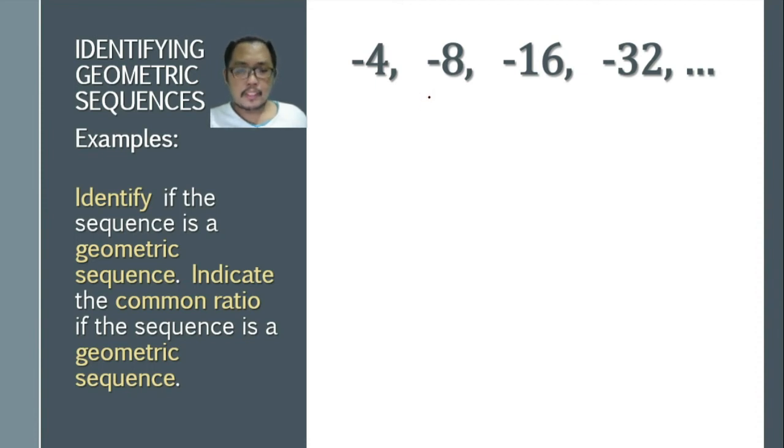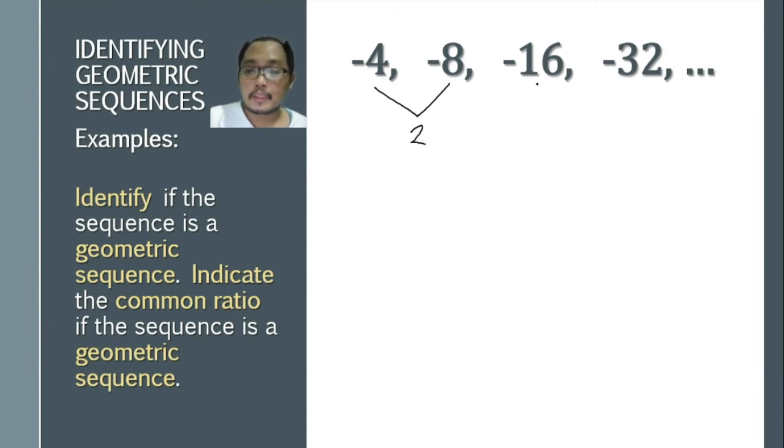So the common ratio is the number being multiplied to the preceding number so that it gives us the next number. But we may also work on this backwards by using, of course, the inverse of multiplication, which happens to be the division. So if we take a look at these two numbers here, by dividing the negative 8 by negative 4, then we will obtain a certain quotient, and that would be a positive 2.